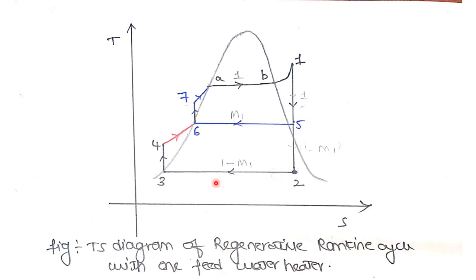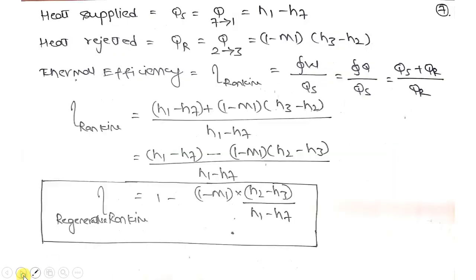So how will you calculate your thermal efficiency? Same thing again, efficiency of a Rankine cycle is given by net work power output divided by heat supplied, and net work is equal to net heat flow according to your first law. So net heat flow is heat supplied plus heat rejected. Just substitute the things.